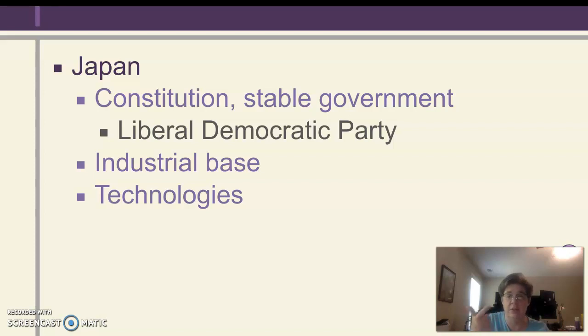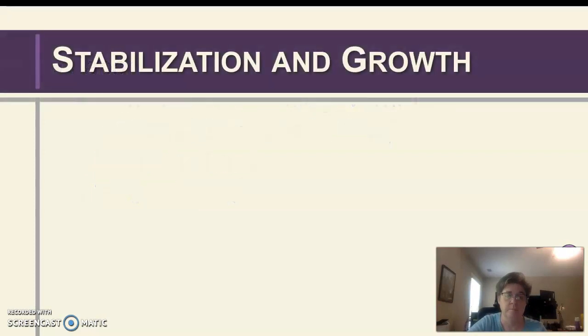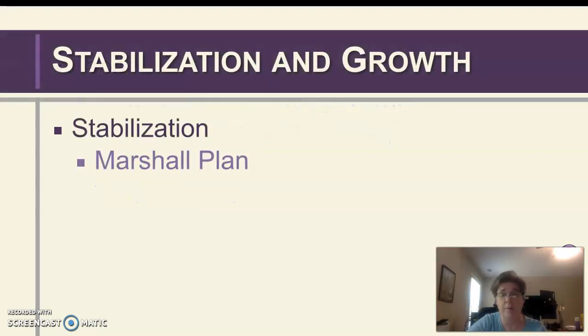In television, in radio, in computers, so many parts of our technology come out of Japan and the brilliant minds that are there. But it all started here with us as United States citizens being willing to go in and help the Japanese and help them rebuild. Today, they are one of our biggest allies, and they no longer have a standing army of any sort.